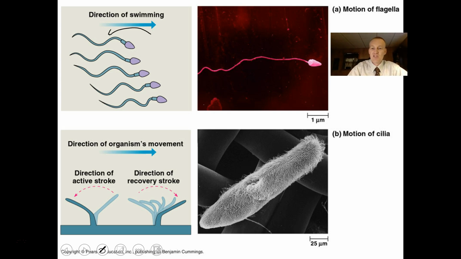And this is an organism that has cilia all over the surface, and they provide oar-like motions. Again, we have those in several structures of our body, including the trachea and the uterine tube or fallopian tube.